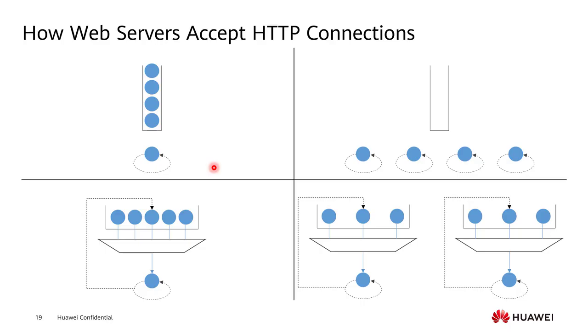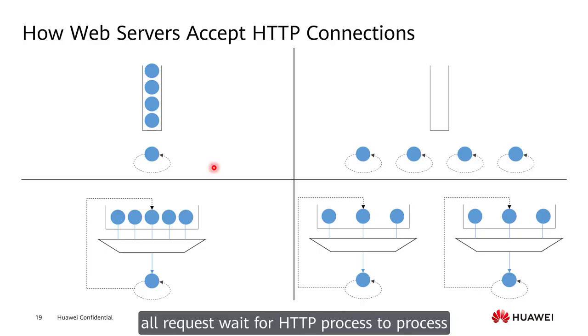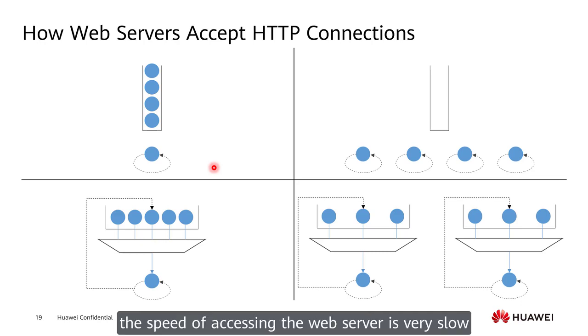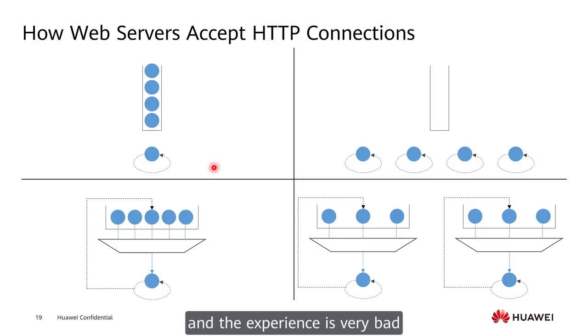In this mode, all requests wait for the HTTP process to process them. If there are a large number of HTTP requests, the client will feel that the speed of accessing the web server is very slow, and the experience is very bad.